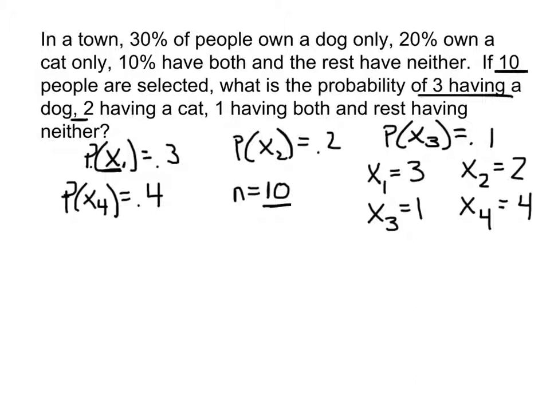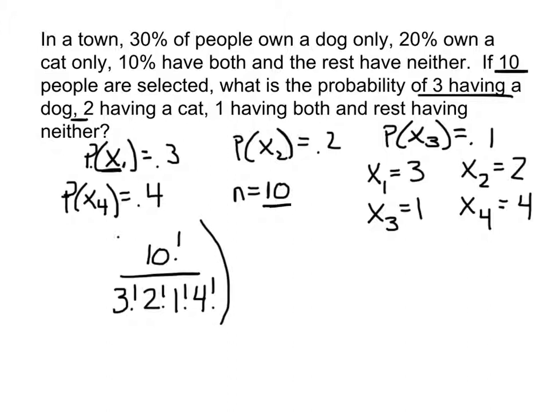Now we're going to go back to the formula. The first part is the n on top, factorial. Then it says take all your x's and write them out as factorials: x1, x2, x3, x4. Then you're going to take that whole thing, and I would suggest putting this in your calculator first, and you're going to get 12,600. Just be very careful when you put it in.